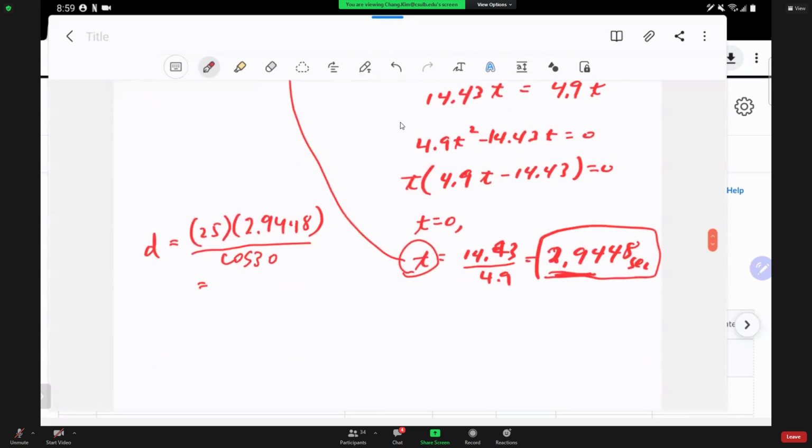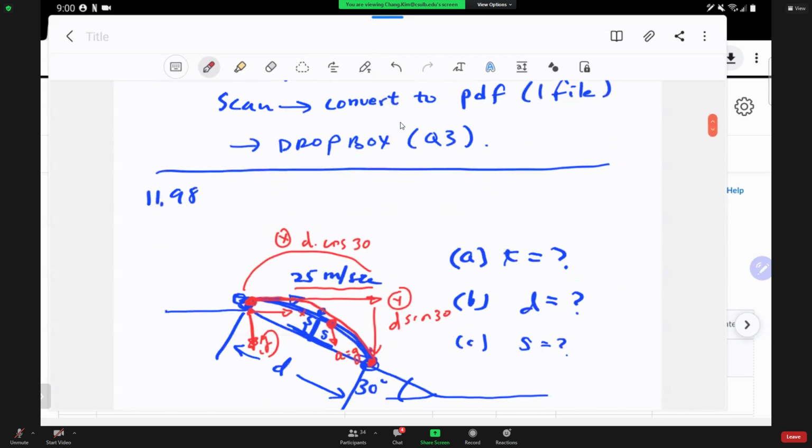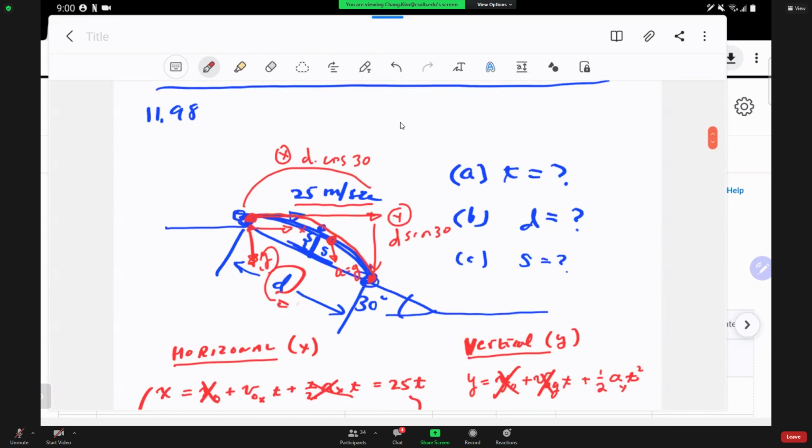And let's see what the d is. About 85.00905. So 85. Okay, so d is 85.